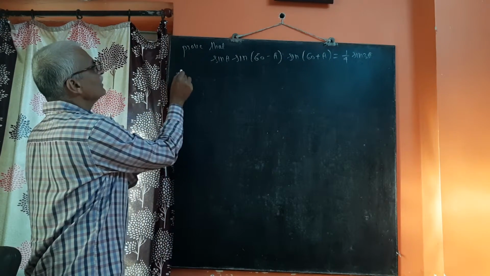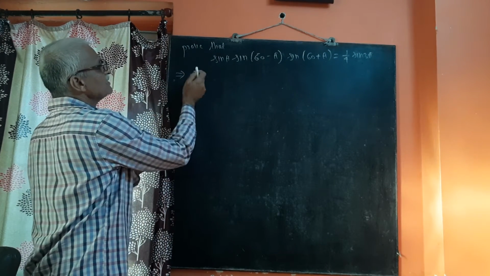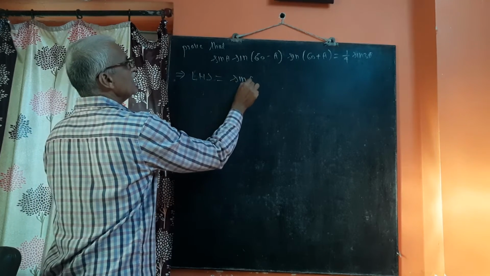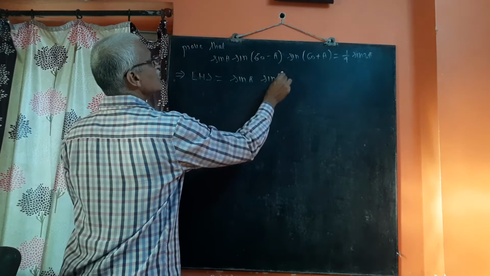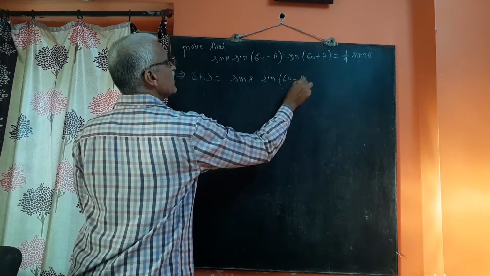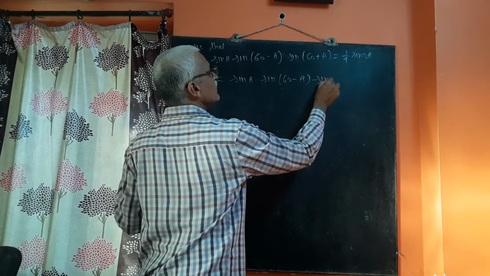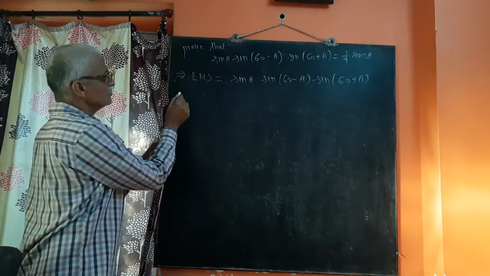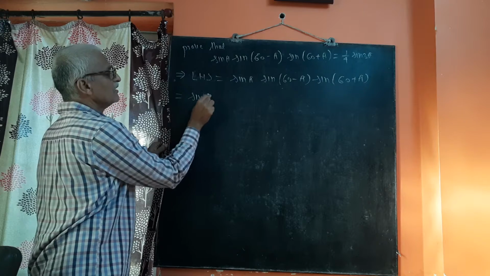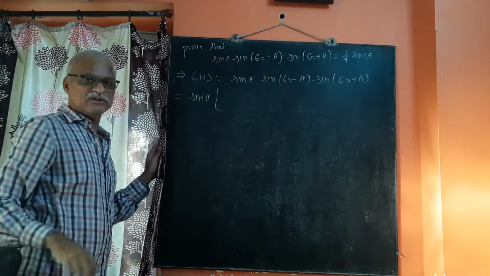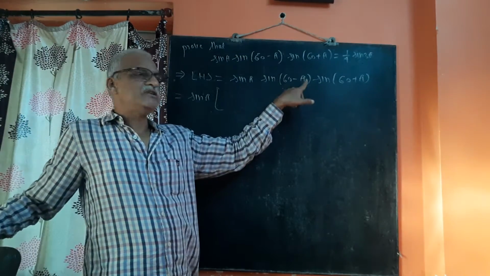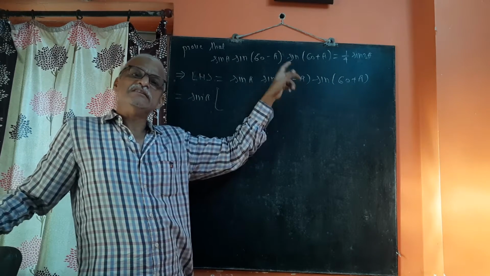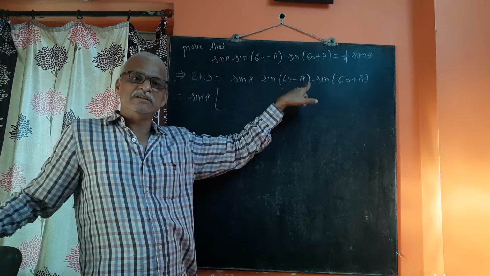Let us prove it. Consider the LHS. LHS is equal to sin a into sin of 60 minus a into sin of 60 plus a, which is equal to sin a into, in the square bracket, sin of 60 minus a. Sin of 60 minus a is in the form of sin of a minus b.